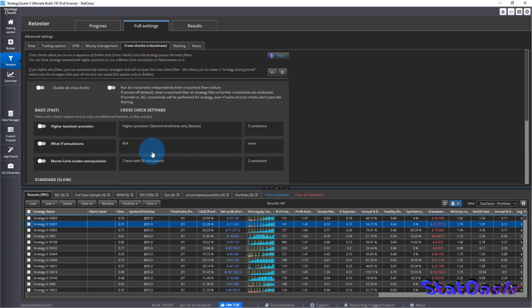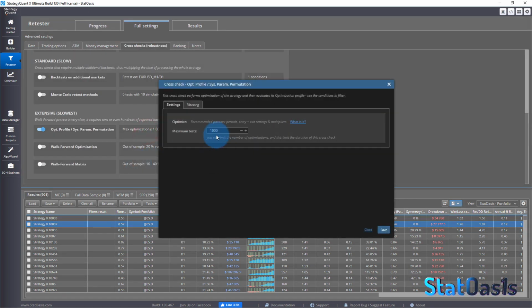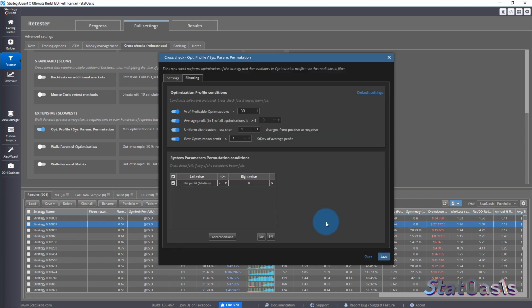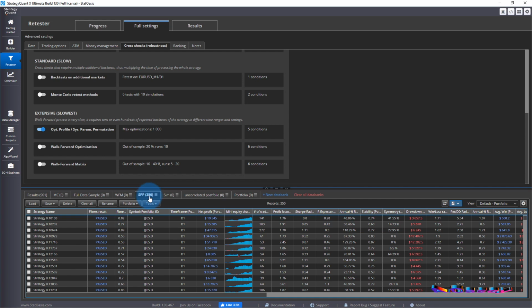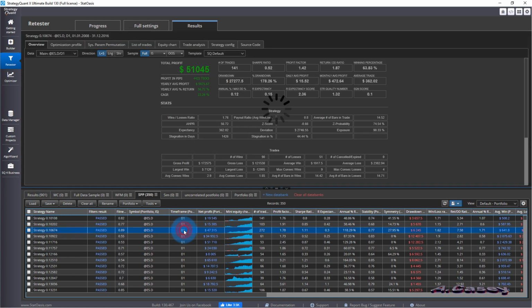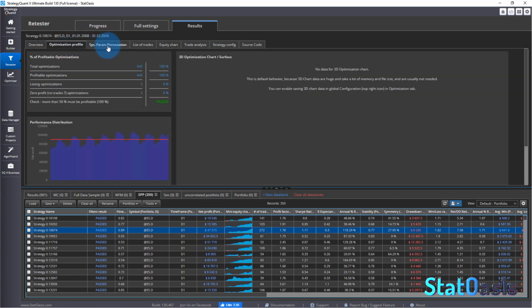And then when you come here and you pick the default and then this filters. So now I'm left with 350 strategies out of the 901. So almost a third of the strategies pass the filter. And then each of those strategies, you will have an optimization profile and a system parameter permutation profile.